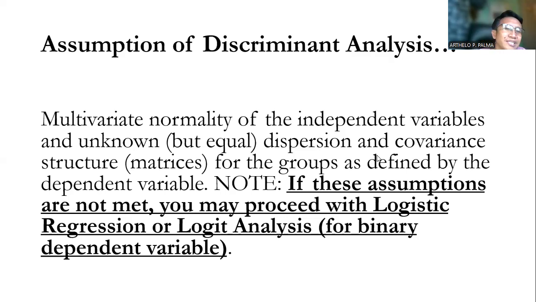However, the disadvantage somehow is that it's very strict with the multivariate normality of the independent variables, but not so with logistic regression. However, in logistic regression, you have a binary dependent variable, so the values should only range from 0 to 1, or 1, 2, for as long as it's binary.